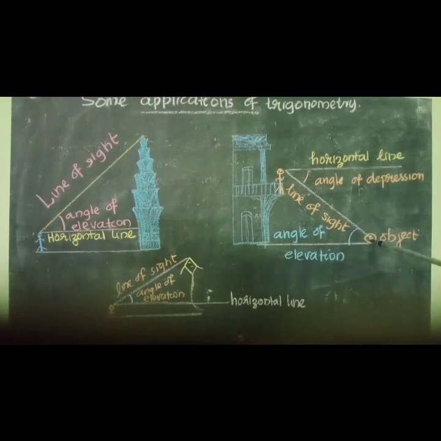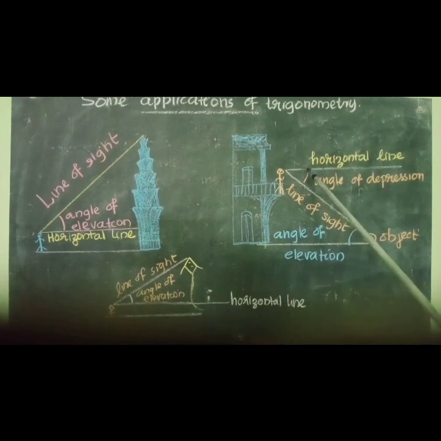Suppose in this case, if the observer is here and the object is above the horizontal line, this marked angle will be angle of elevation, and this line will be the horizontal line. Then what is about this horizontal line and this horizontal line? These both lines will be parallel.